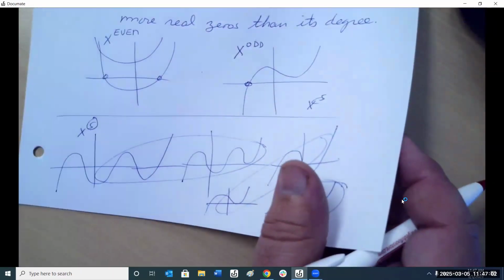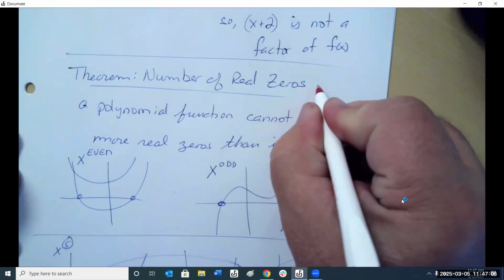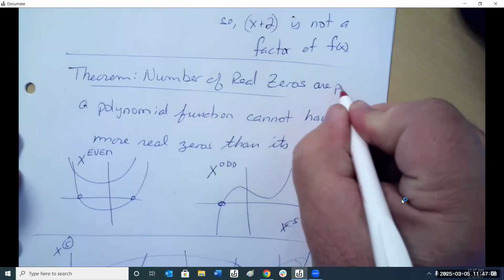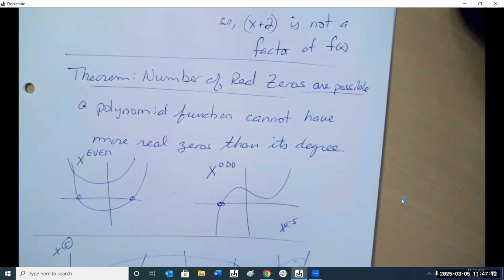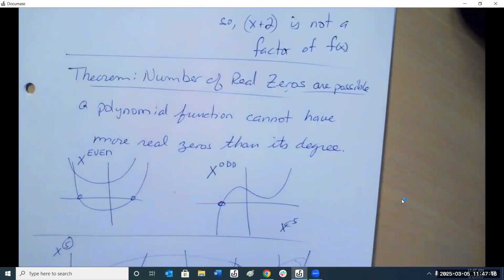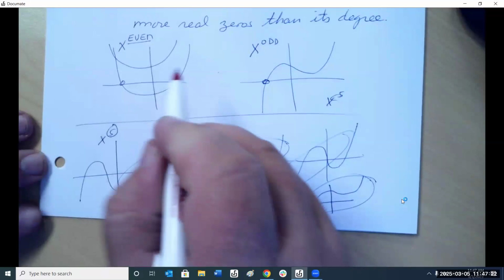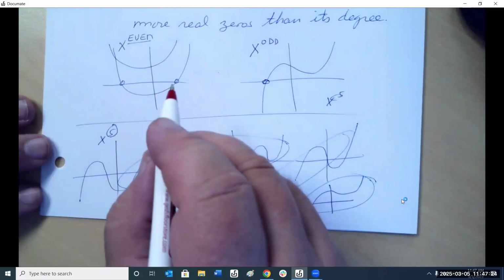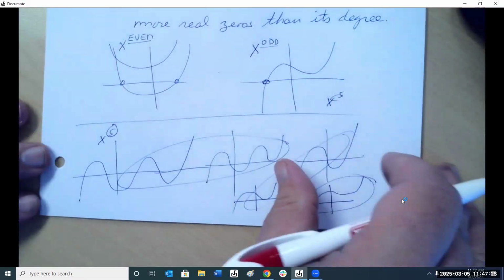That just tells us how many solutions we can have. I should put 'possible', because the way it sounded, number of real zeros, it's going to tell us exactly how many we're going to have. No, these are a number of possibles. So if it's an even degree, we can have anywhere from n to 0. If it's odd, we can go anywhere from n to 1.